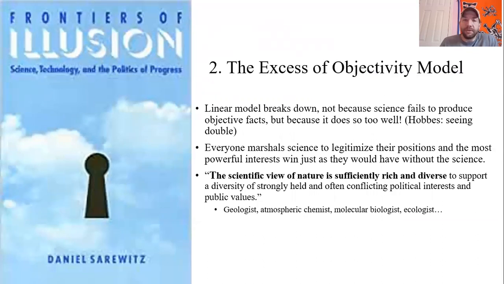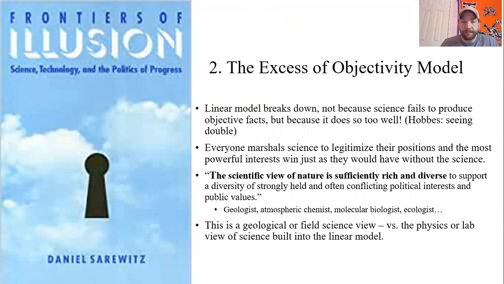So here's a quote from his book: "The scientific view of nature is sufficiently rich and diverse to support a diversity of strongly held and often conflicting political interests and public values." Look, there's all these different kinds of sciences I listed here. And when you look at controversies like genetically modified organisms, for example, you'll find that the disagreeing sides both have their scientific studies to validate and support their position.